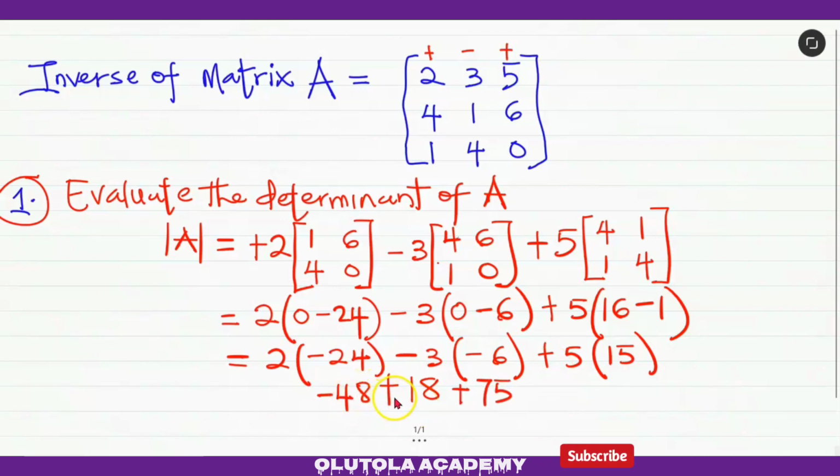Negative 48 plus 18 will give us negative 30. Negative 30 plus 75 will give us 45. So we've gotten the determinant. The determinant is 45. So I'll keep that now.